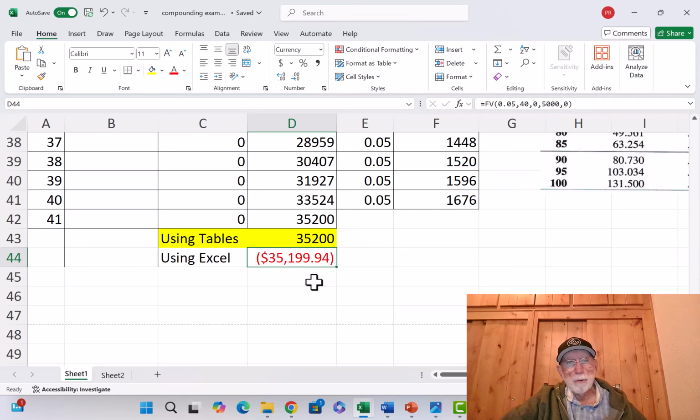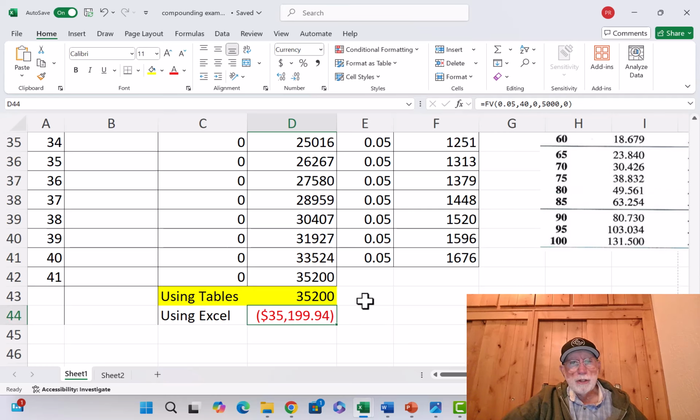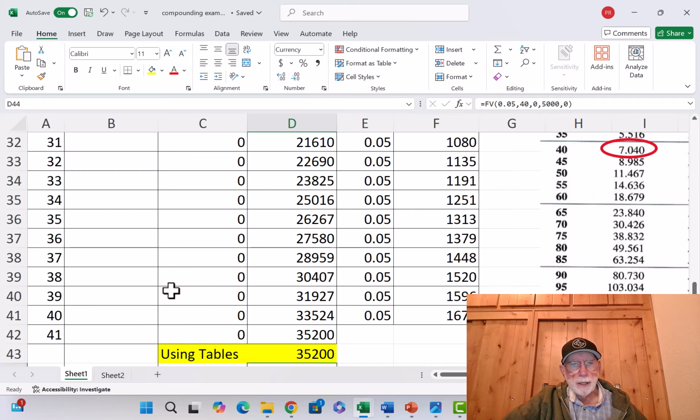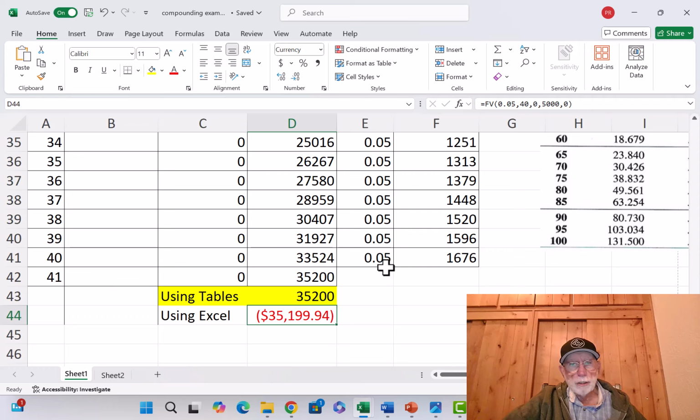But here's my point: you need to be able, in this course, to calculate a future value, for example, or a present value, or any of the others, using either the formula or tables or Excel functions. I'm holding your feet to the fire to know how to use all three, although the vast majority of the time you'll be using Excel functions. But you need to know all of them.